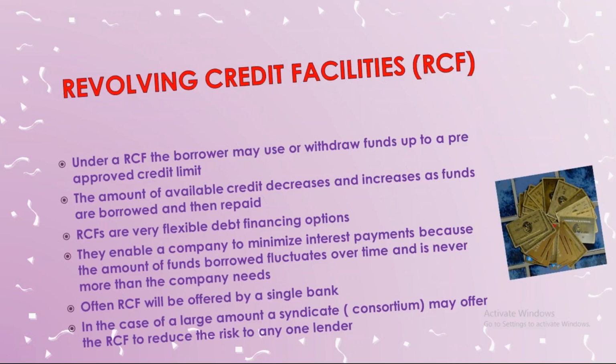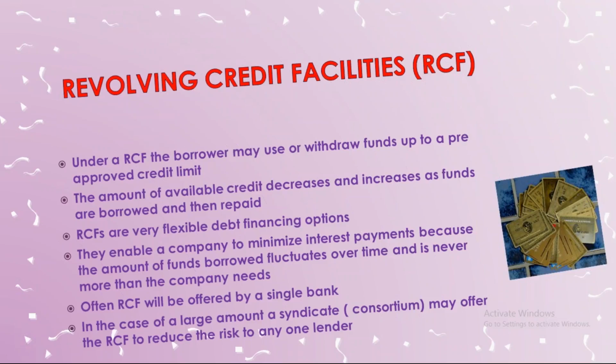So if we get a bank overdraft of, say, $100,000, and we have used only $20,000 today, we pay interest only on the $20,000. Tomorrow, if it goes up to 30,000, we pay on the 30,000. Next day, if we deposit 5,000 and it comes down to 25,000, we pay only on the 25,000. So you don't need to pay on the entire 100,000 overdraft facility. You pay only on the amount utilized.